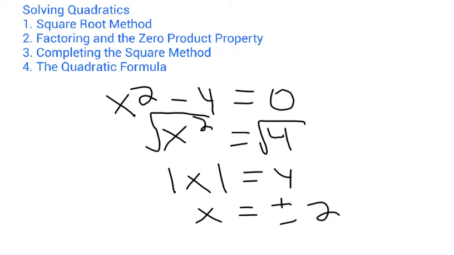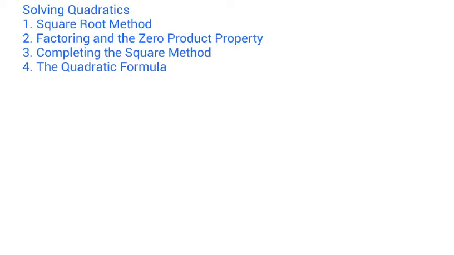To demonstrate factoring with the zero product property, I'll use the same equation to show you how that works. I have x squared minus 4 equals 0.